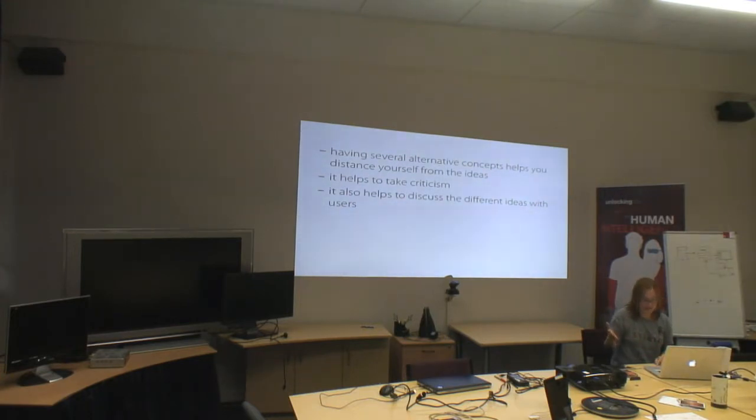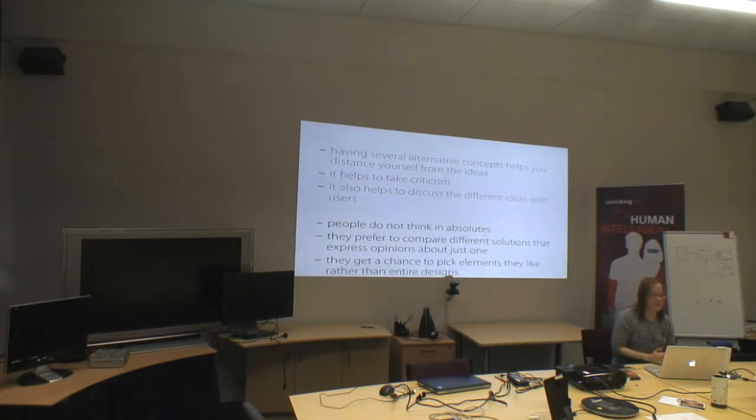So basically, if you present people with a number of ideas, they can relate to them, and they can look at elements of these ideas. The whole thing is that we as people are not able to think in absolutes. If I ask you, what do you think about the smoke? Yeah, you can say tall and white and these kinds of things.